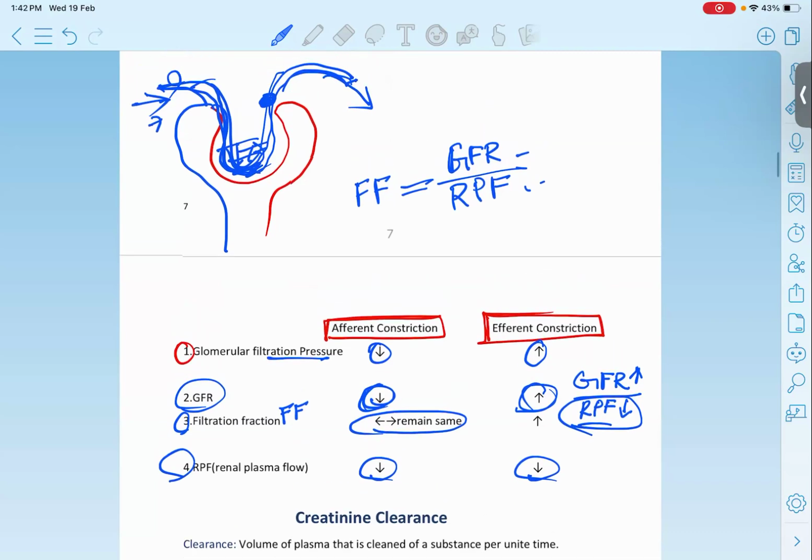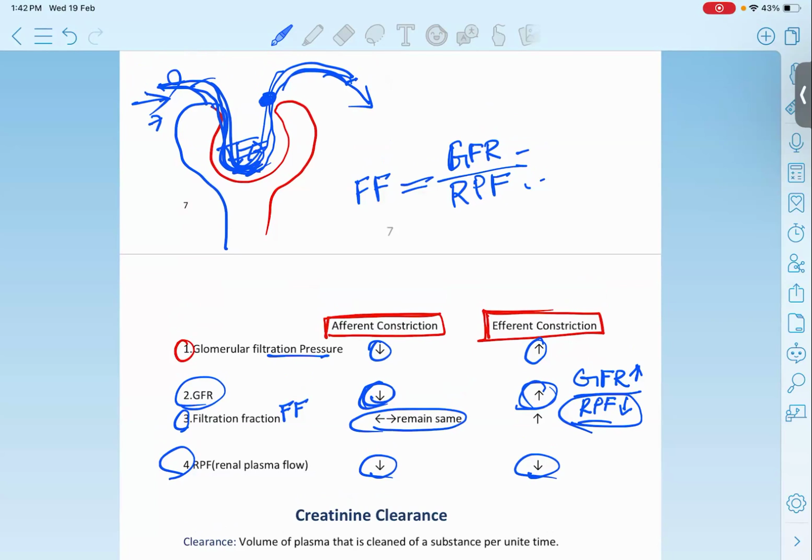If there is a constriction in the afferent, then blood cannot start going through the way at all. This is why RPF will drop. And if there is efferent constriction, same thing: blood cannot pass out, so RPF will drop.